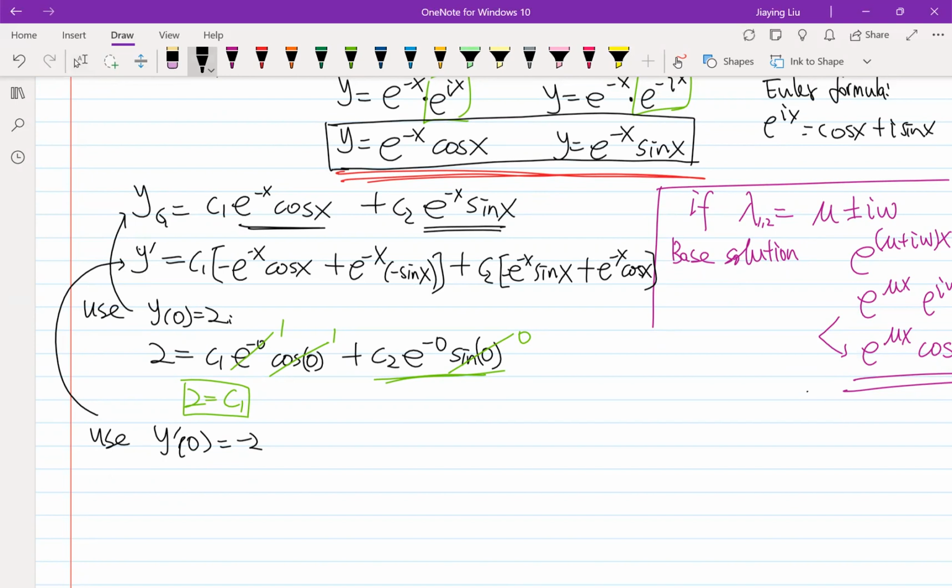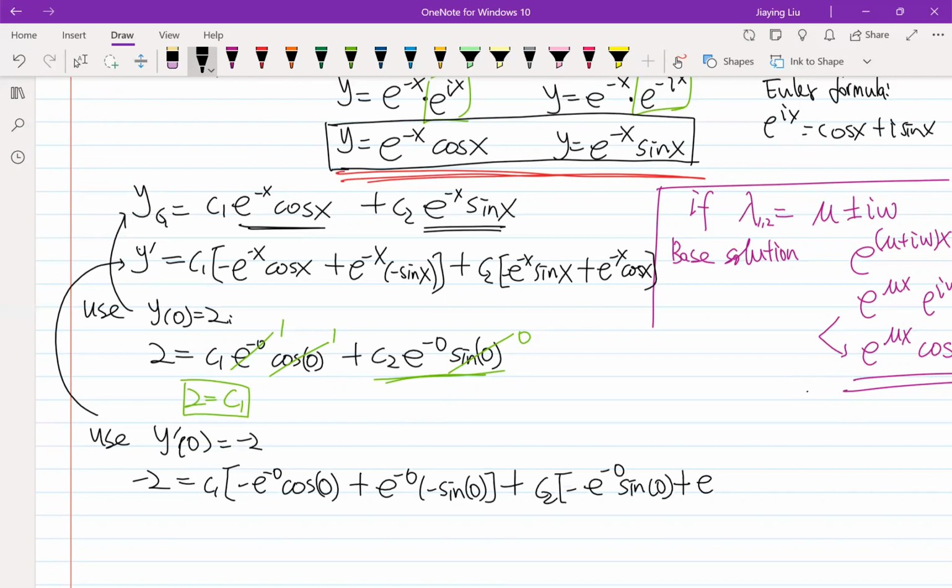So put in there, we get negative 2 equals C1, negative e to the negative 0, cosine 0, plus e to the negative 0, times negative sine 0, plus C2. We have negative e to the negative 0 sine 0 plus e to the negative 0 cosine 0.